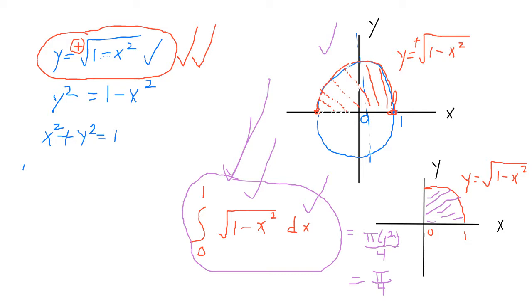If you can use geometry to find your definite integral, that's okay. Okay, are there any questions? I want to return to example 4 and look at part B of example 4.